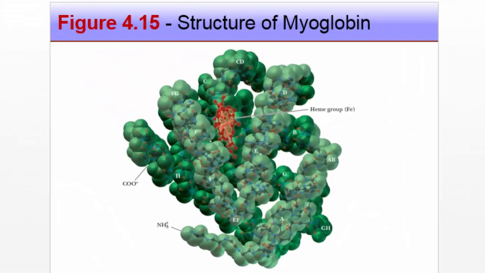And if you look, this is the structure of myoglobin. Note that the peptide backbone and the heme group are shown overlain on the space-filling model.